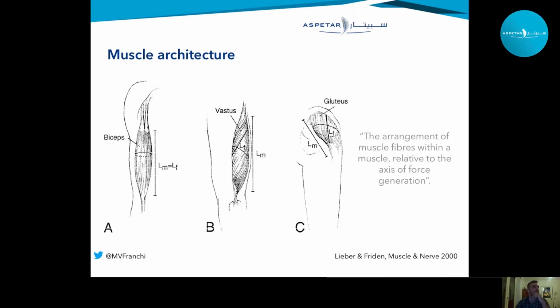And I particularly like this definition because one of the things that comes to the eye when one starts diving into the muscle architecture world is that the architecture of given muscles is extremely consistent among individuals of the same species. So it's like somehow there are constraints that exist across species and within species that actually dictate the muscle to arrange fascicles and fibers in that kind of way.